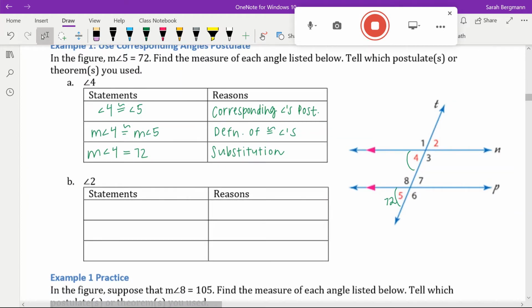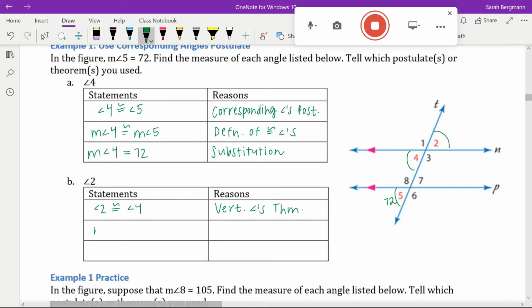Okay, next it says find angle 2. So we're finding the measure of angle 2. I know angle 4 and angle 2 must be congruent because they are vertical angles. So I can say angle 2 is congruent to angle 4 by vertical angles theorem.